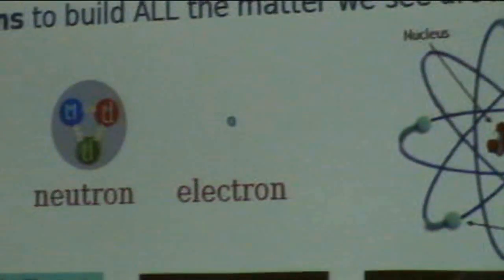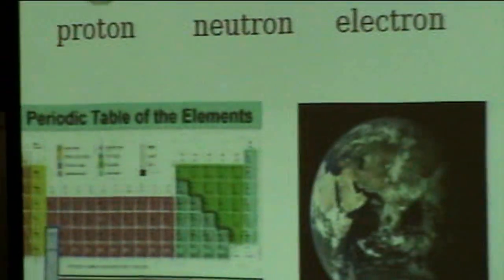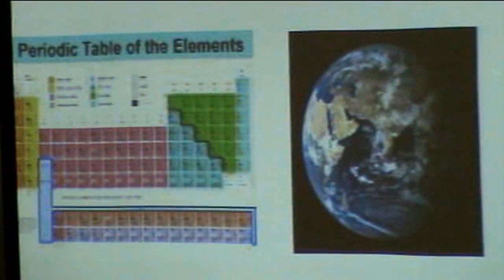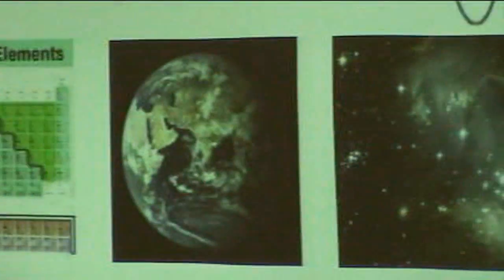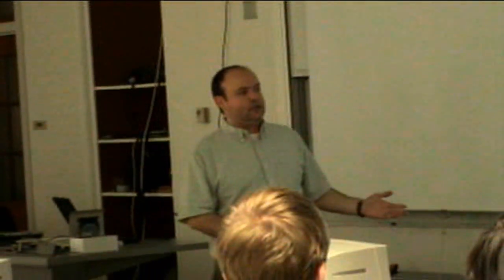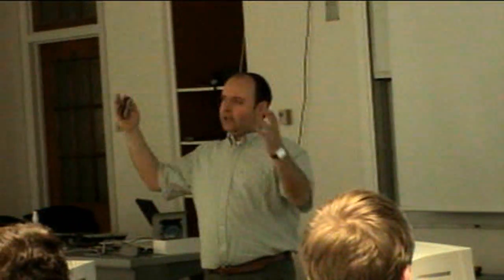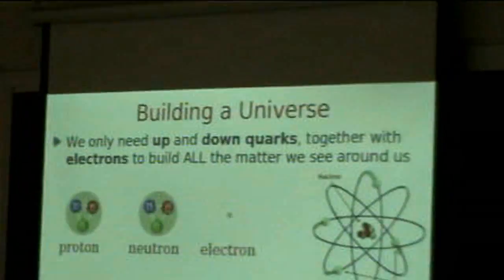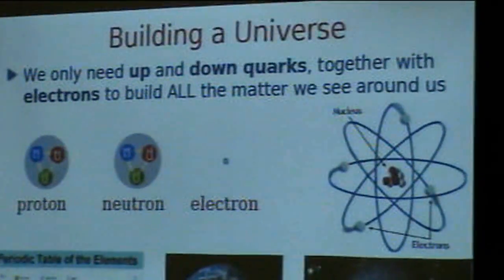And then when you begin adding more protons and more neutrons, you have the whole of chemistry, right? So that's your periodic table of the elements. It's just combinations of protons, neutrons, and electrons. Okay? And that basically gives us the Earth, and all the galaxies, and all the light that we're seeing from outer space. So again, this is why I said that you really only need these 3 particles.